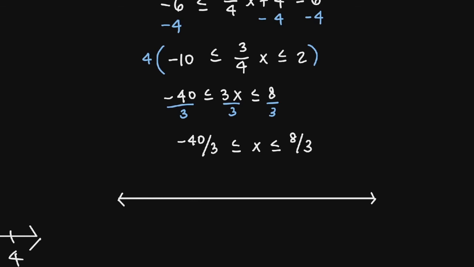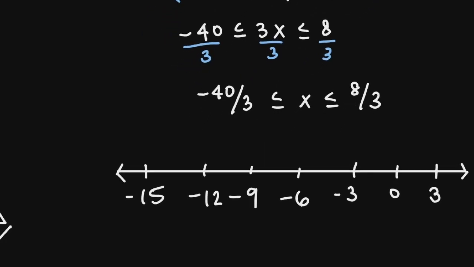So on my number line, since these numbers are pretty far apart, I'm going to count by threes and just kind of estimate where the numbers would go. So for negative 40 over 3, that's somewhere here.